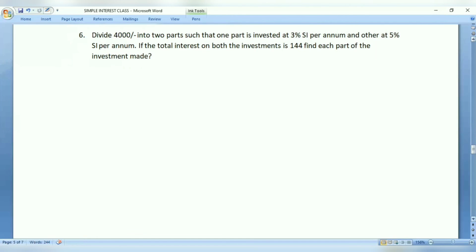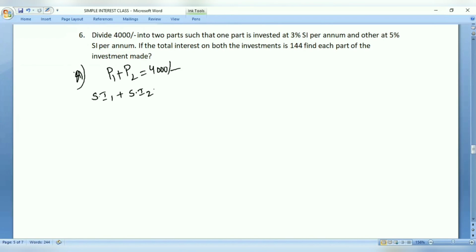Okay. Now, how do we solve? What about the data given to us? Do we know the individual investments? We do not know, but they have given the total investment. That is, principal 1 plus principal 2 equals 4,000 rupees. Now, they have also given the interest that they earn from the 2 parts.